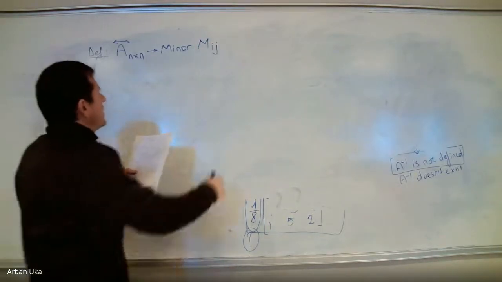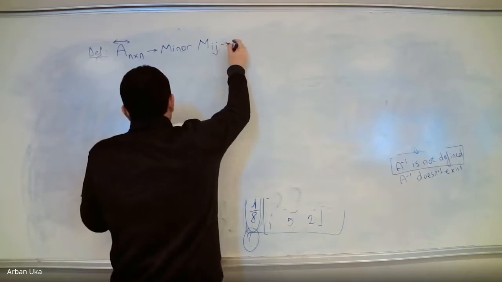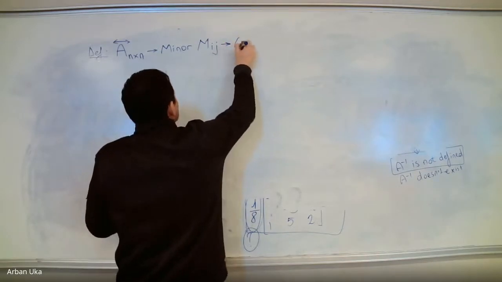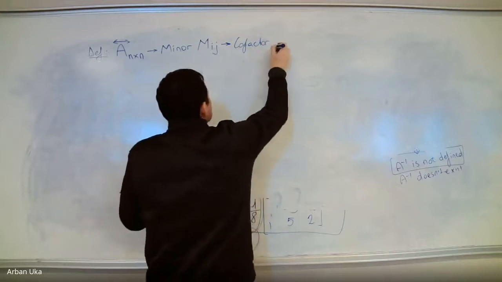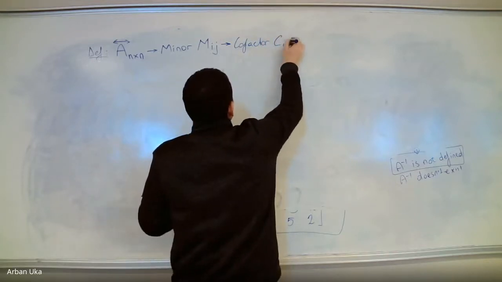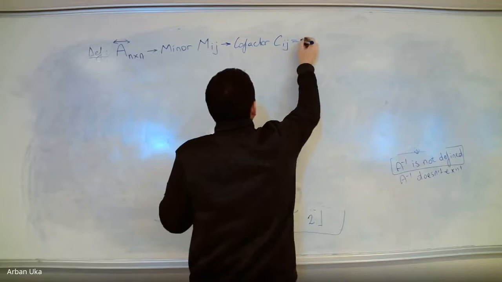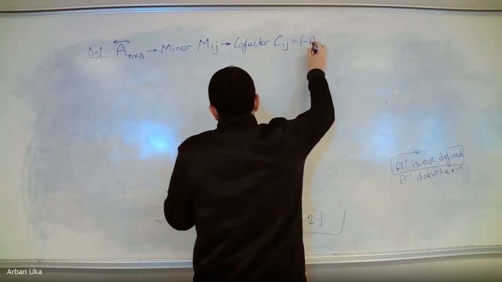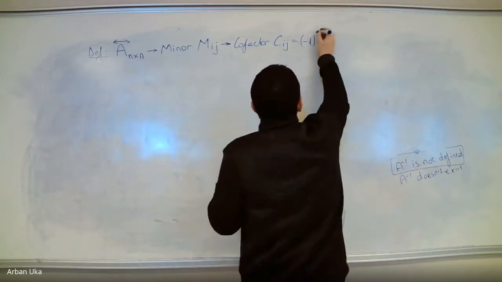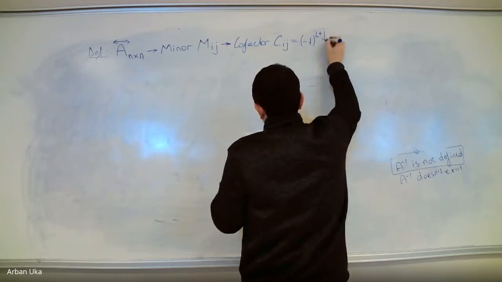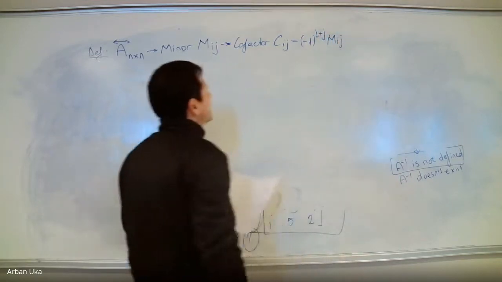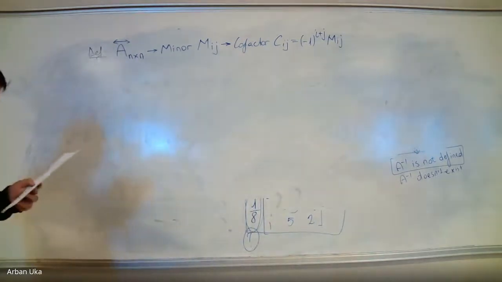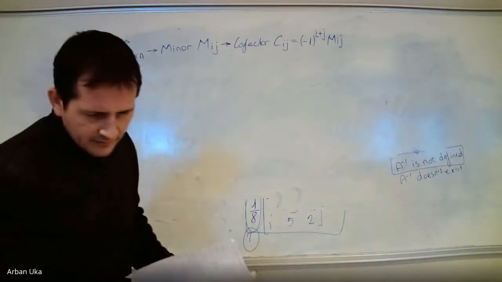Then after the minors, we define cofactors, which is Cij, equal to (-1) to the power i plus j times Mij. Okay, so this is the step where we define the cofactors.